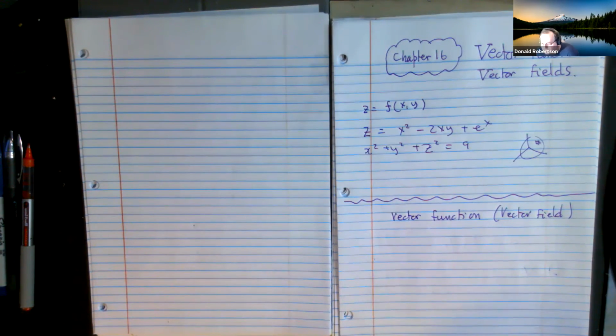They are single dimensional objects, called scalars, numbers. A vector function is not the same thing. In fact, a vector function, as its name implies at least, has something to do with vectors, which means that your answer to what you get when you plug in x and y is not a number. The answer you get is a vector. I'll show you what a vector function looks like.